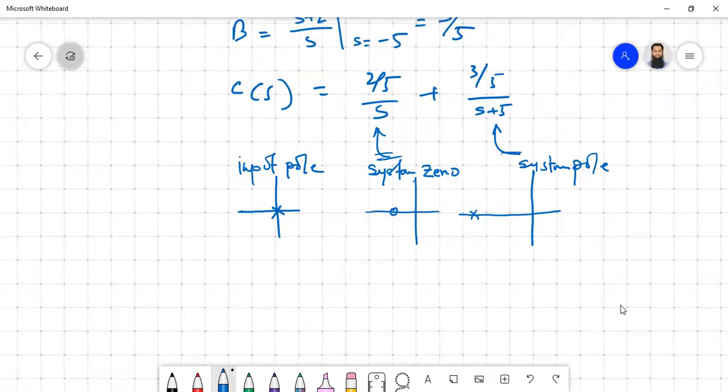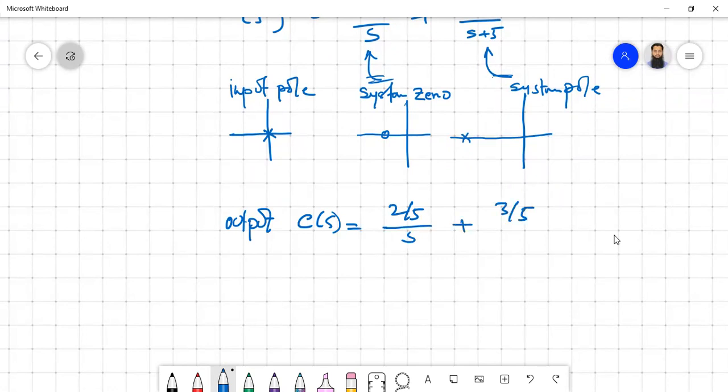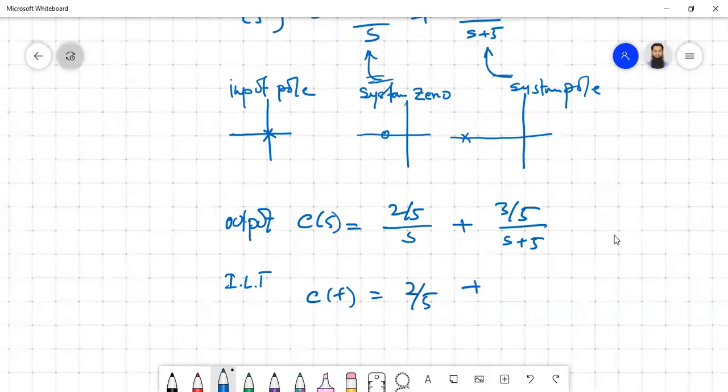Now, let us compare this with your output. Our output C(s) is basically (2 by 5) by s plus (3 by 5) by (s plus 5). If you take the inverse Laplace transformation, then you have c(t) equal to 2 by 5 plus 3 by 5 e to the power minus 5t.